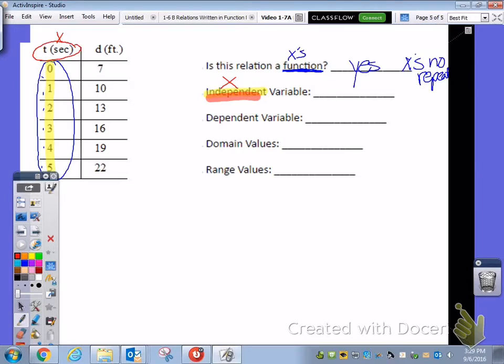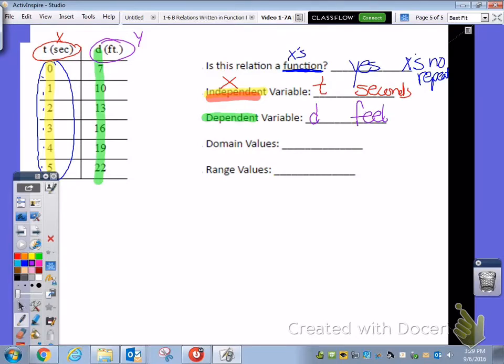The independent variable is t, and it represents seconds. The dependent is always the second one in your table, and that is my y column. This happens to be d, and that represents feet.